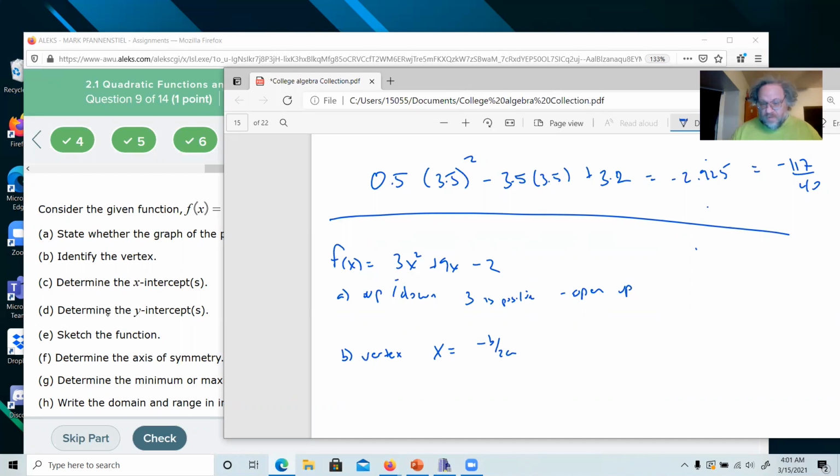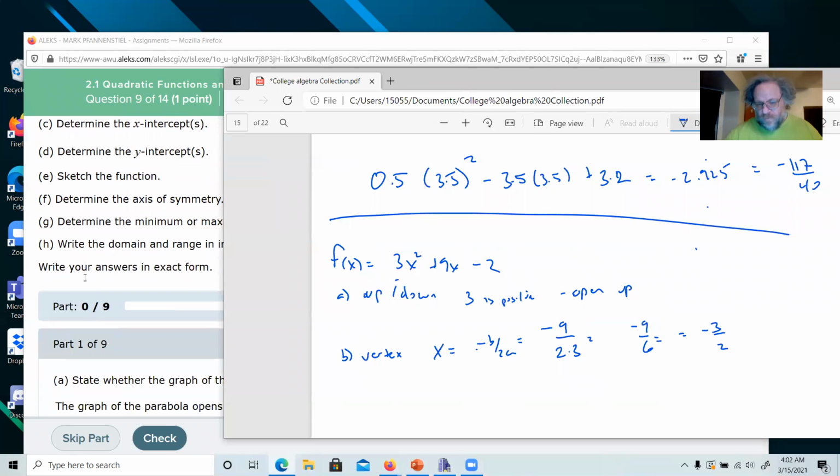But if you are really into the vertex form, feel free. So this is negative 9 over 2 times 3. So that's negative 9 over 6. Canceling out a 3, we get negative 3 halves. So x is negative 3 halves.